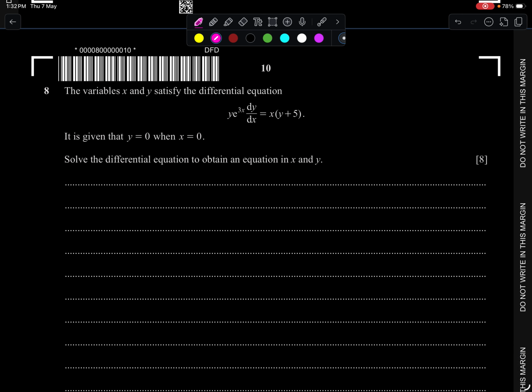Question 8. Differential equation. See, differential equation, so we have to first do variable separable. Let me first copy this. In variable separable, we shift dx on the other side, and we keep this on the left side.